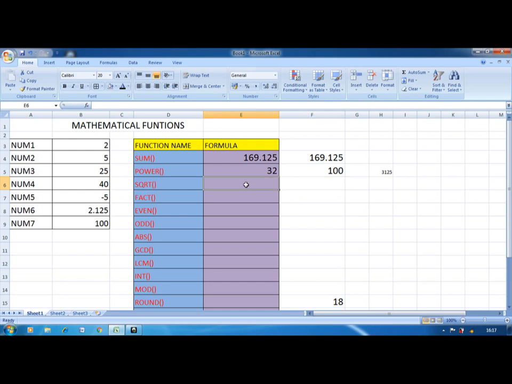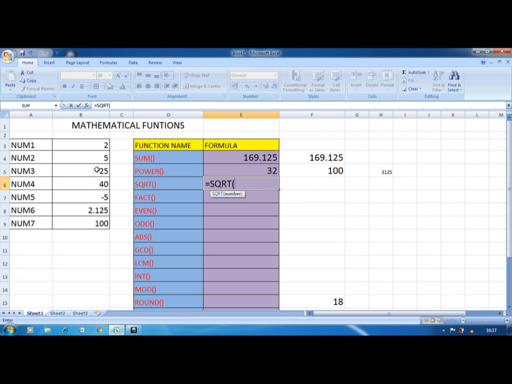Next one is SQRT. The SQRT function is used to return the positive square root. This function is used to find the square root of the given number. So equal to SQRT, opening brace, then here is the number.